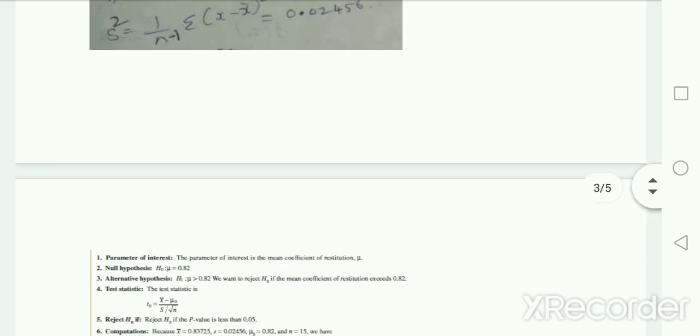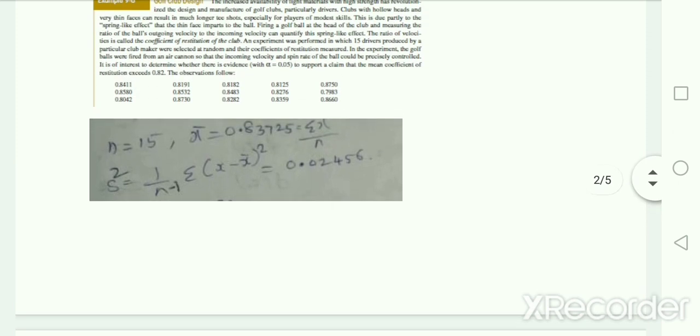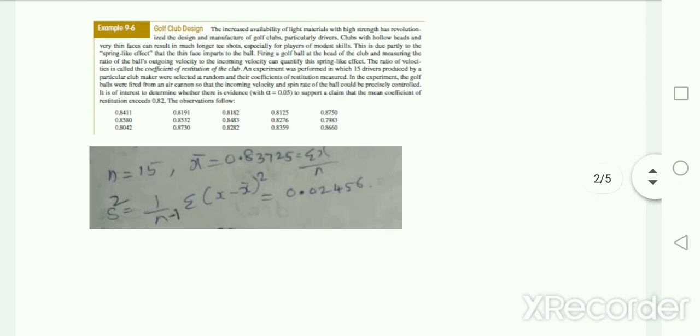Next, we want to write the null hypothesis H0. In this problem we want to check whether the mean coefficient mu is greater than 0.82 or not. But mu greater than always involves the alternative hypothesis only.